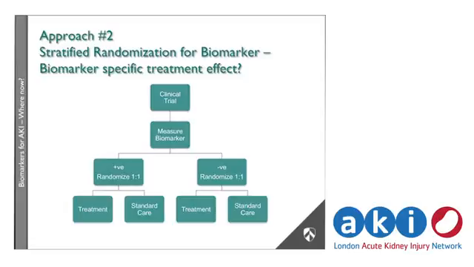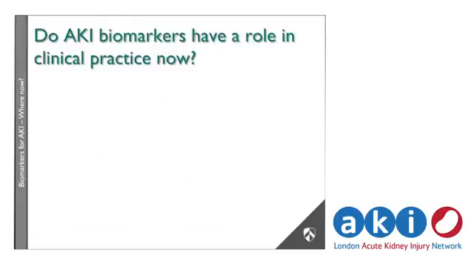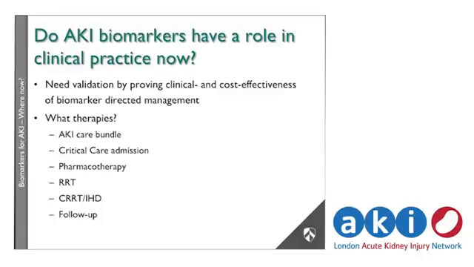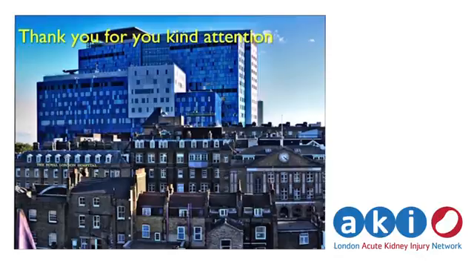That's a plausible scenario. So this is the kind of design I think that you need to really justify the use of biomarkers. So I think still that biomarkers need validation, and we need to think about what therapies we are going to use in terms of biomarker-driven therapy. Thank you.